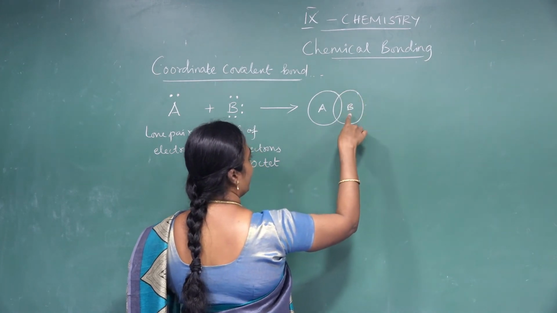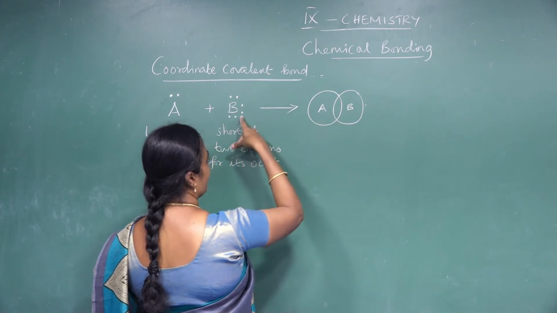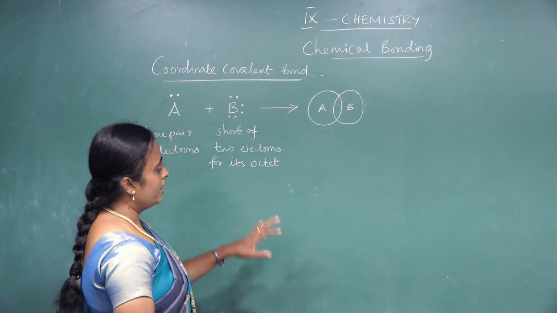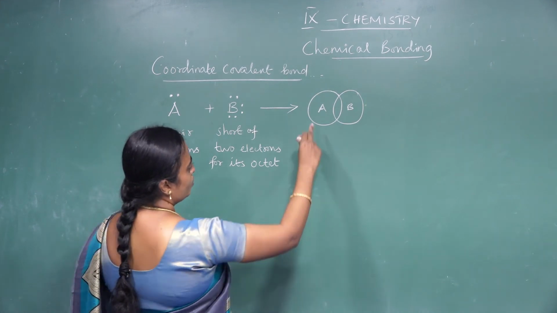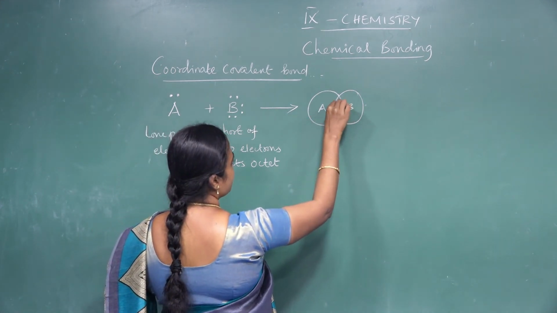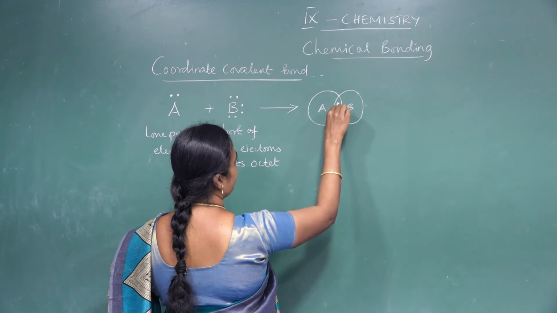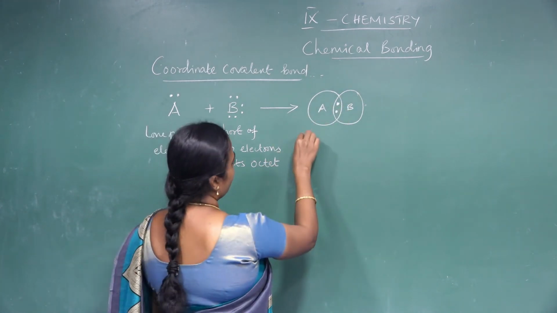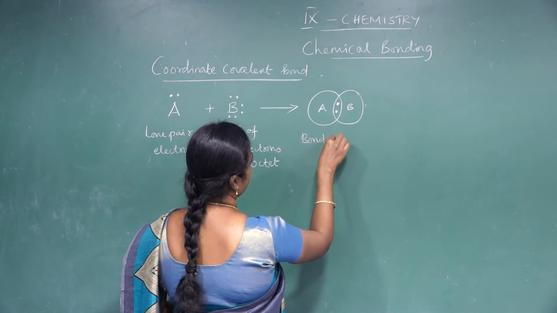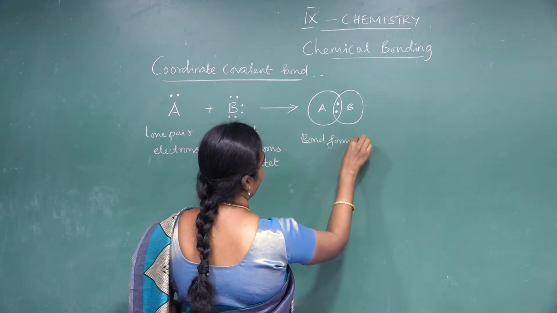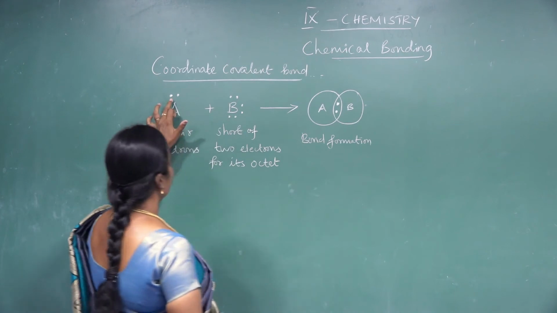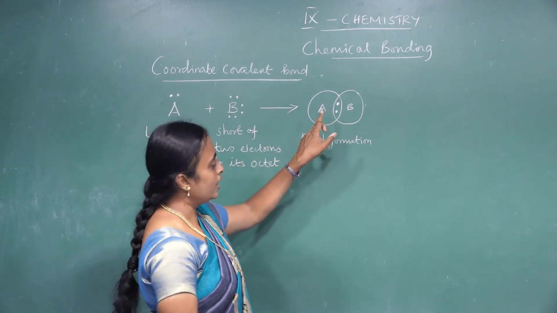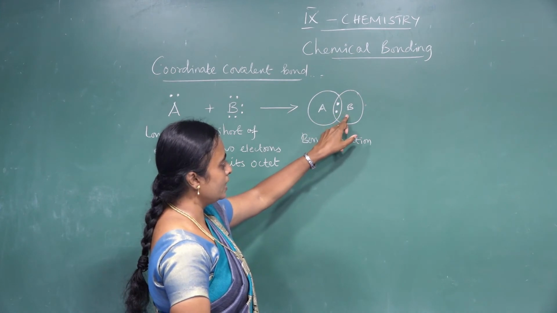Now how many electrons does B have? There are 6 electrons in B, and A has 2 electrons. Those 2 electrons are transferred to B. So this is called bond formation. Those 2 electrons involved in the bond formation are transferred to the B atom.